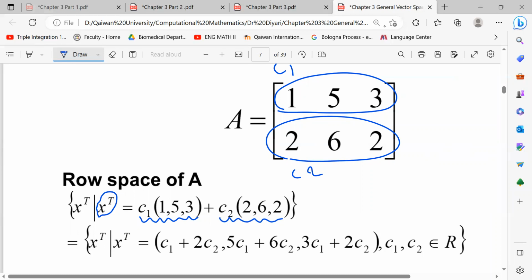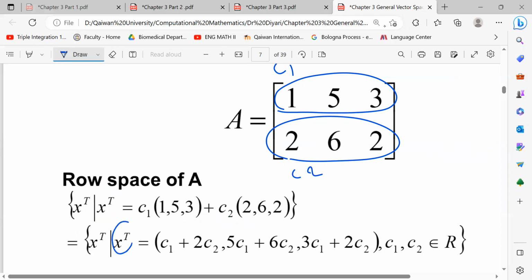As we said, it's the set of all vectors in Rn which can be written as a linear combination of the rows in A. As you see, this is a vector written as a linear combination of these two vectors.